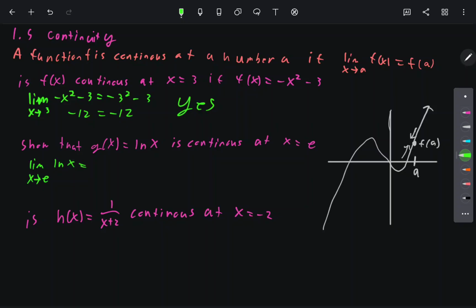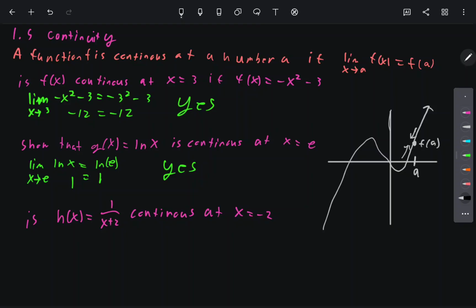And we want to see if that's the same thing as the natural log of e. If you know your exponential and logarithmic rules, you know they're inverses, so they undo each other. So this is just a 1, and as x approaches e, we can use direct substitution, and that also approaches 1, so yes, this function is continuous.